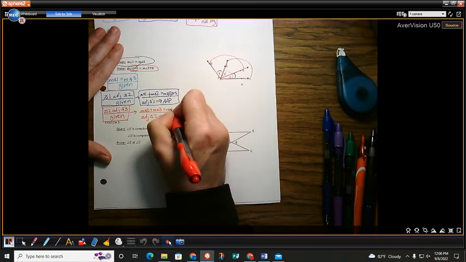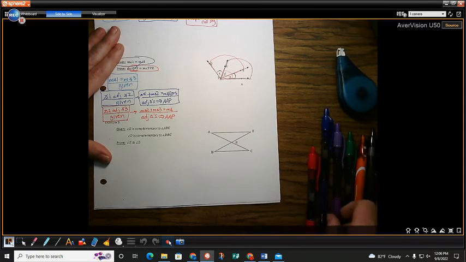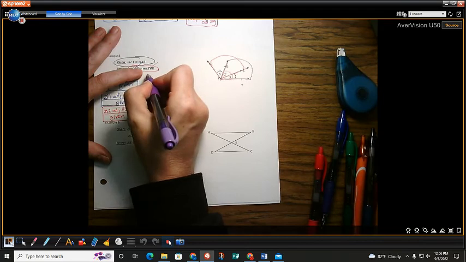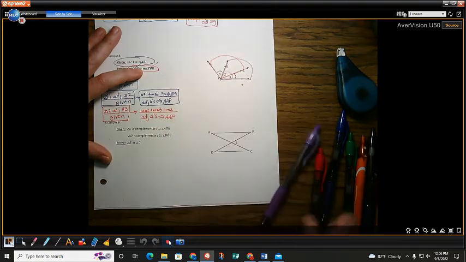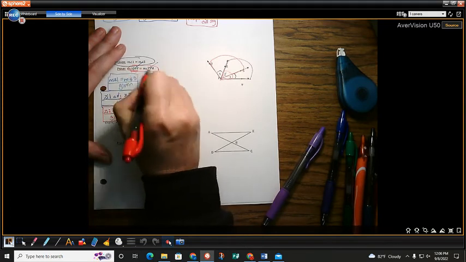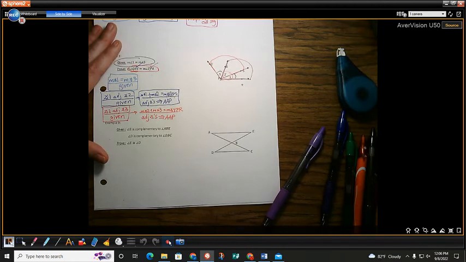And what angle do they add up to? RP. I could say RPT, but since it asks for TPR, I'm going to write it as the measure of angle TPR so that I'm writing it the same way it asked for in the proof. That way at the end, you're like, wait, did I find what I was supposed to find? If you've already written it that way, you don't have to wonder later.